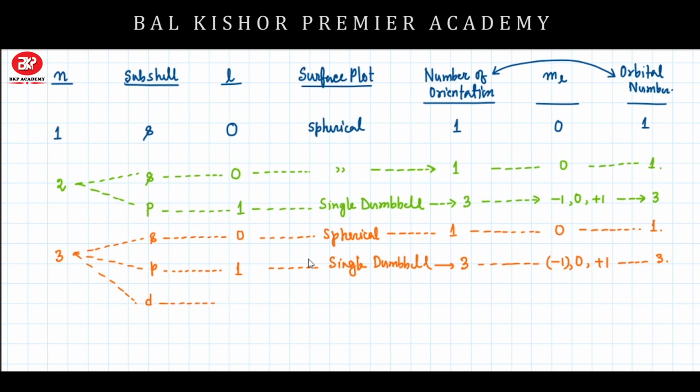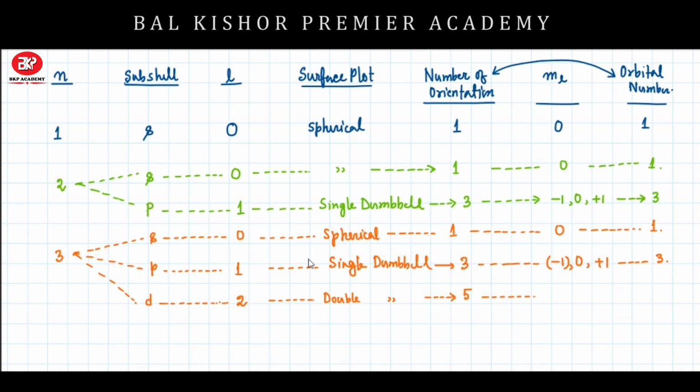Now comes the D subshell. For the D subshell, the L value, that is the azimuthal quantum number, is 2. The azimuthal quantum number of 2 comes from the fact that the D subshell has a surface plot of double dumbbell-like shape. A double dumbbell-like shape has 5 different types of orientation.